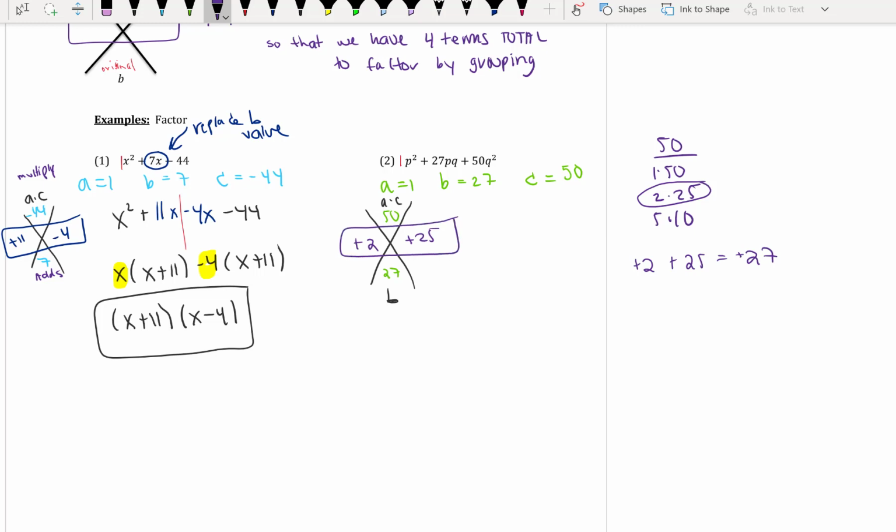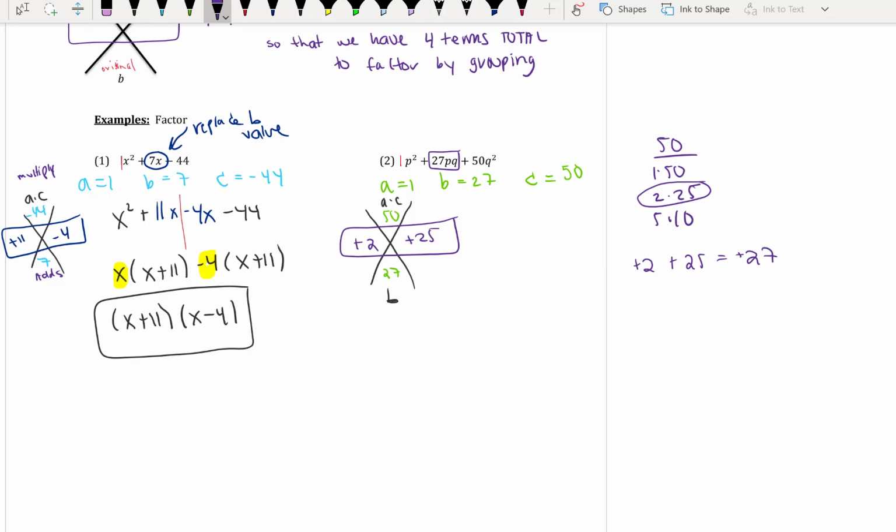So those are going to be my 2 values that are going to replace that B value there. I'm going to be careful because I don't want to hide my sign. I want to know that that's addition in the middle, okay?